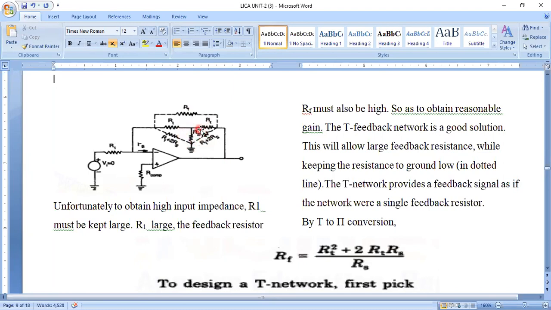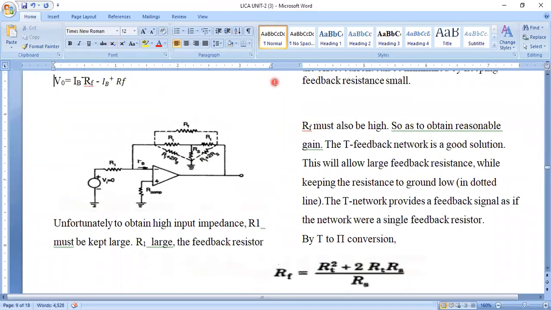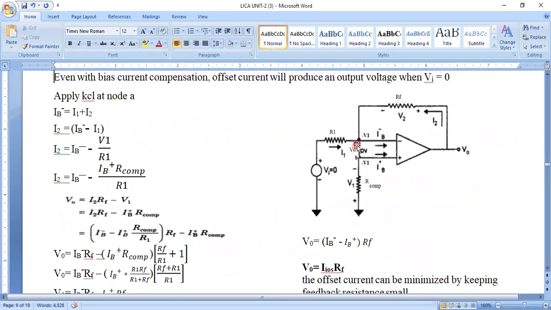I am showing that large feedback resistance in the equivalent circuit as RF so that our mathematical analysis will be clear. So the feedback resistance of the T circuit, RT, is the actual feedback resistance. Next we will find how the input offset current is neglected.